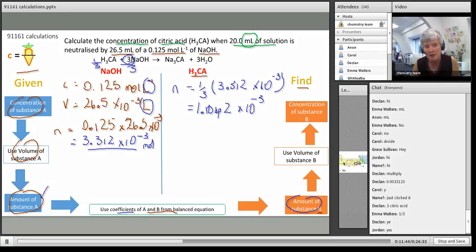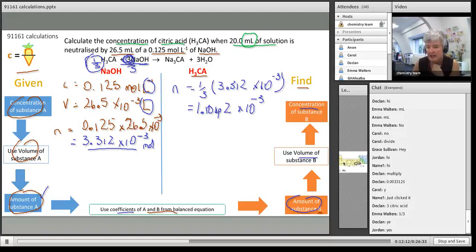And the way you do it is, if this is my substance A with a big number in front, and I'm trying to change it where I don't know the number, convert this to the 1 by dividing it by itself, and that means whatever that is, you've got to divide the citric acid by that same amount. So I know N, to get to the concentration of B, is the volume.